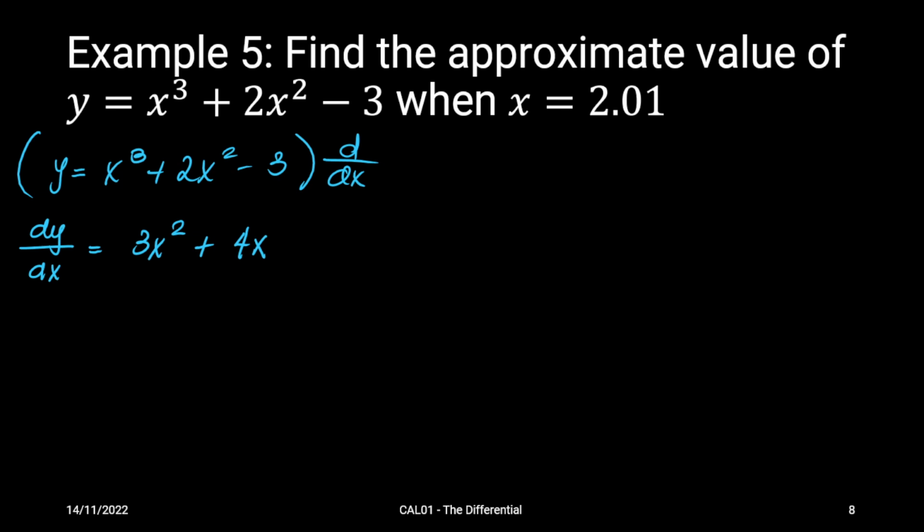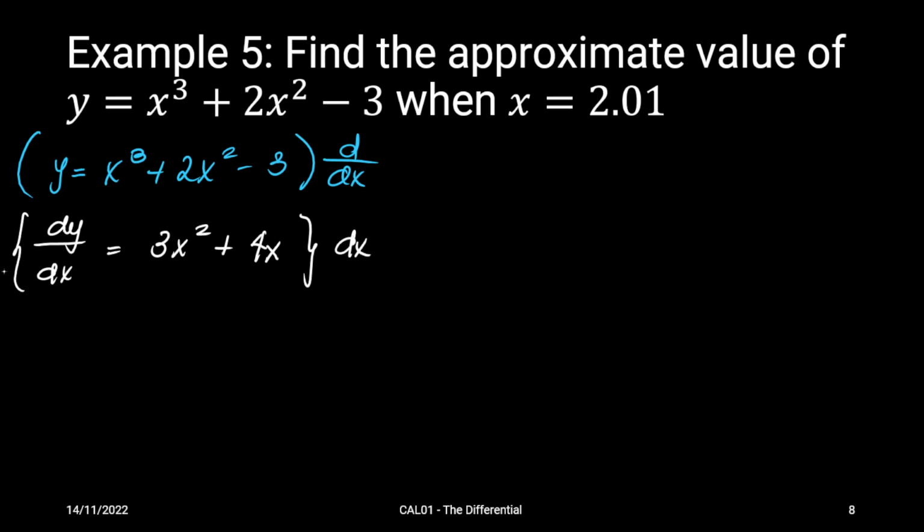Isulat natin dito. Ayan. Then, gawin ko na lang puti pala. dy over dx is 3x squared plus 4x. No? Then, let's multiply dx para mahiwalay natin si dy. dy is equal to 3x squared plus 4x dx. Now, we have the value of x, but is this really the value of x? Kasi remember, we need to have the value of dx as well for us to compute for dy.